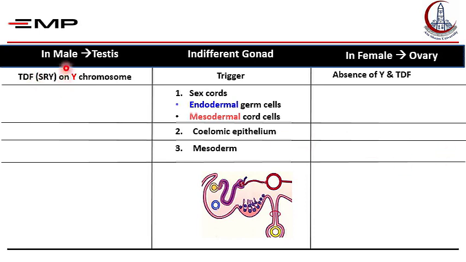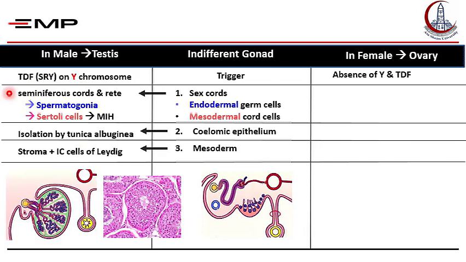On the short limb of the Y chromosome, we have a gene called testis determining factor, TDF, or sex determining region on the Y chromosome, or SRY. This will lead to formation of the testis in this way.